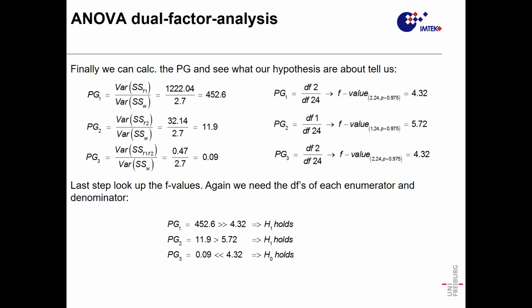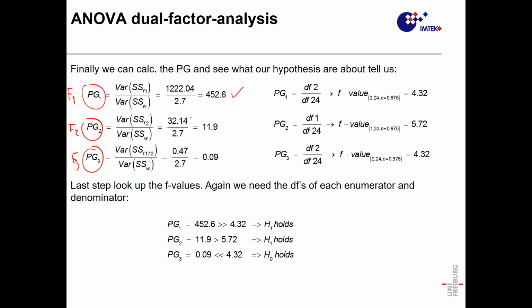How do you test it? You now get 3 F values. One is for factor 1, 2 is for factor 2, and 3 is for the interaction between them. So the ratio for factor 1 will be the variance of factor 1 divided by the variance within, 452.